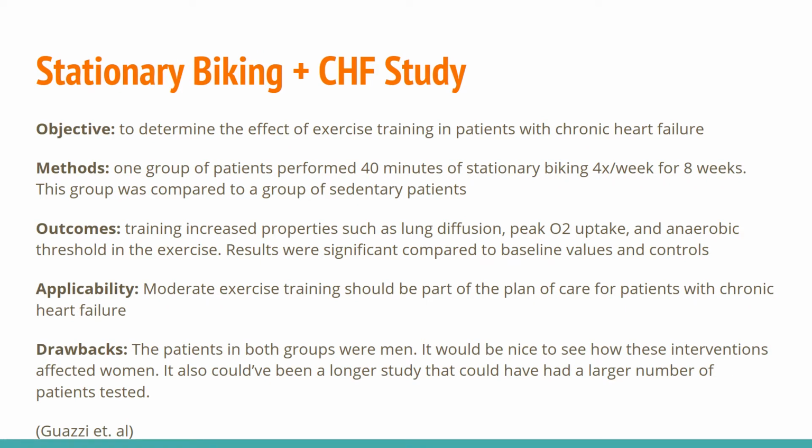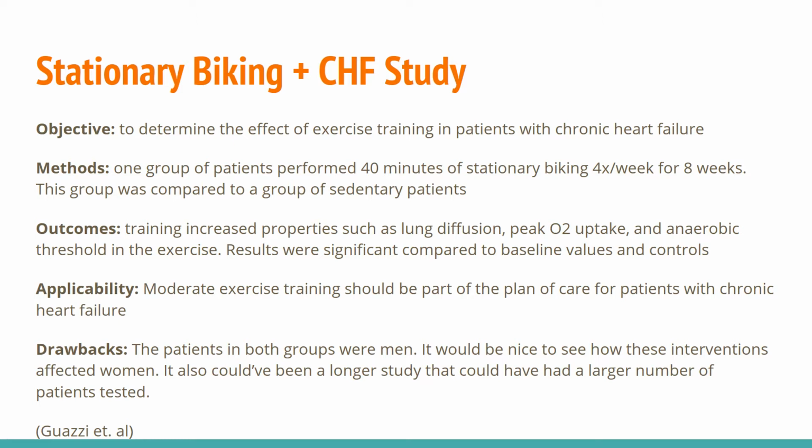The first study that we found was stationary biking with CHF patients. The objective of the study was to determine the effect of exercise training, specifically stationary biking, in patients with chronic heart failure. They performed 40 minutes of it 4 times a week for 8 weeks. There was one group that did this and then one that was just sedentary.